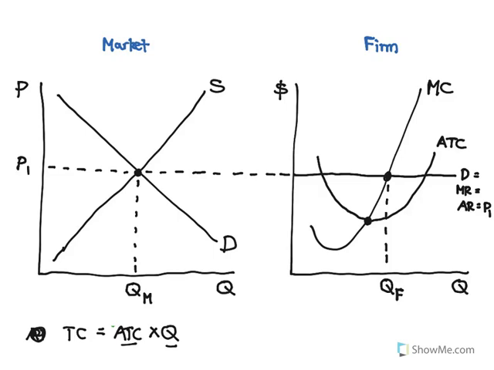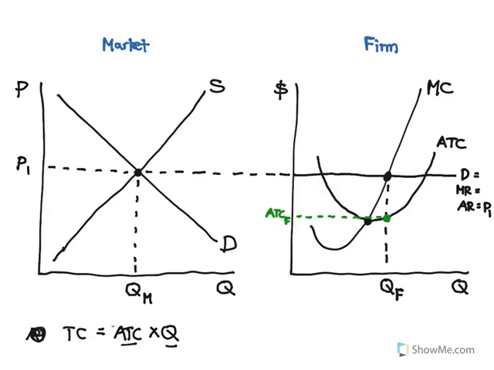So what is that? Well, I'm going to use green here to show it to you. It's right here. That is the average total cost at QF. And then we're going to take our dashed line over. And I'm going to say, okay, this is average total cost at F, at quantity F for the firm's quantity.